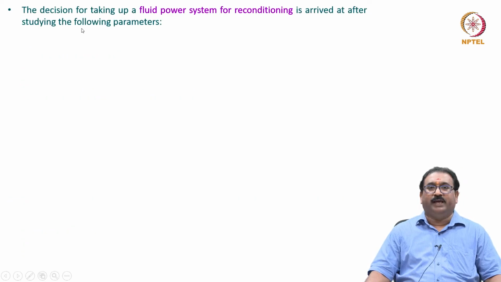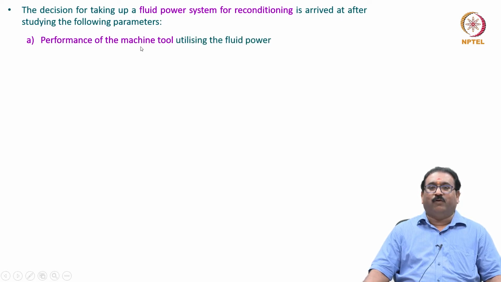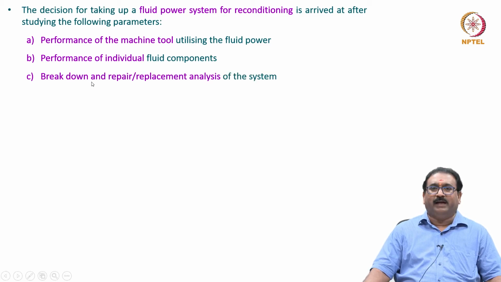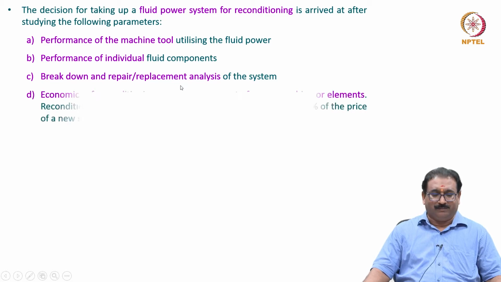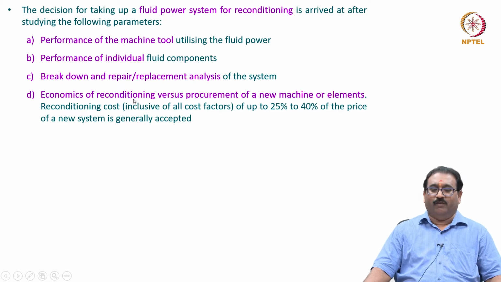The decision for taking up a fluid power system for reconditioning is arrived at after studying the following parameters: performance of the machine tool utilizing the fluid power, performance of individual fluid components, breakdown and repair or replacement analysis of the system, economics of reconditioning versus procurement of a new machine or elements.